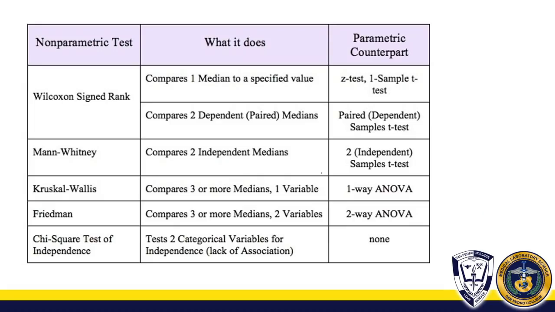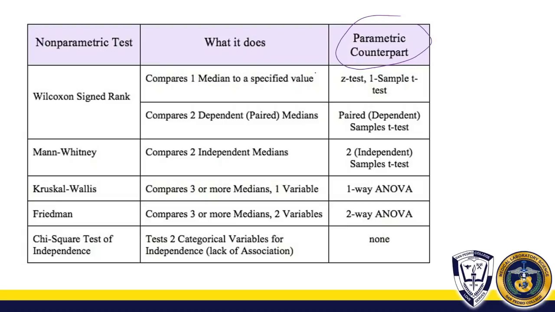Okay? Now, your non-parametric test have a parametric counterpart. Na kumbaga, they are the same, it's just that they are different in terms of your type of data or measurement scale. Na kung di po natin ma-meet yung assumption ni parametric, so pwede ito po yung gagamitin natin under ng parametric. So parang partner-partner lang din sila.